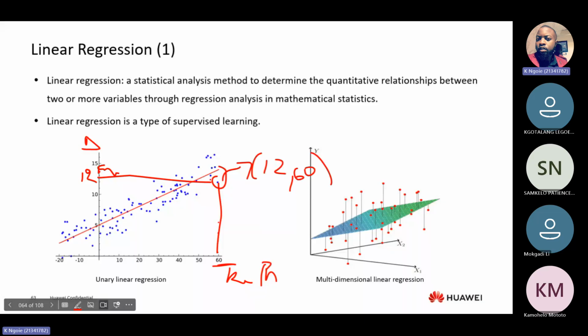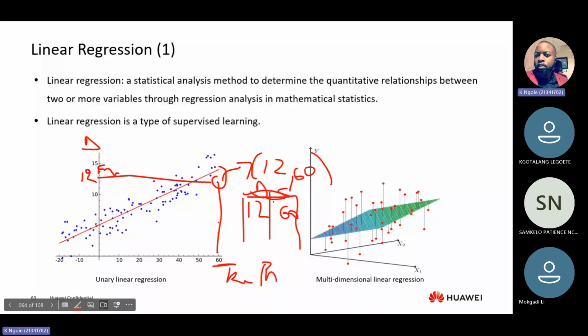So if we are given the data in a table, this is what we're going to have. For this data here, we're going to have 12, 60. This is the distance, and this is the speed. So we have the 12, 60 here.